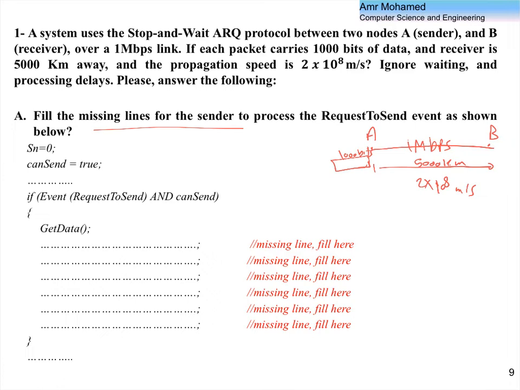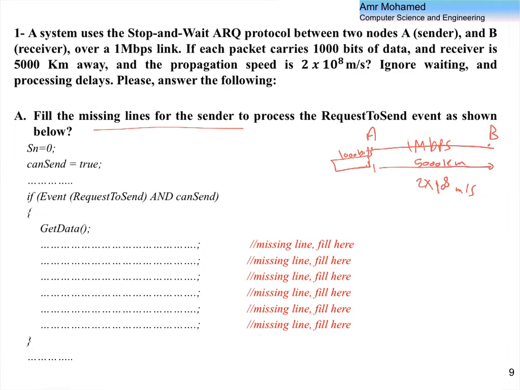Because the channel is not perfect. So I don't know if the frame that is sent really arrived to the receiver. And the only way for me to guarantee that it arrived to the receiver is to wait for acknowledgement. Time out, yes, there is time out as well. So it's three events, yes.